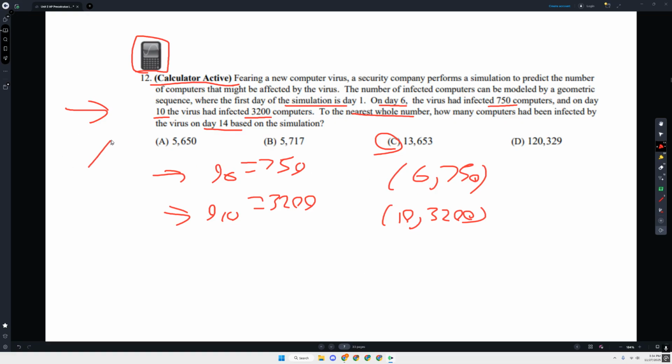Any questions about how to use Desmos for this, or the logic behind this?